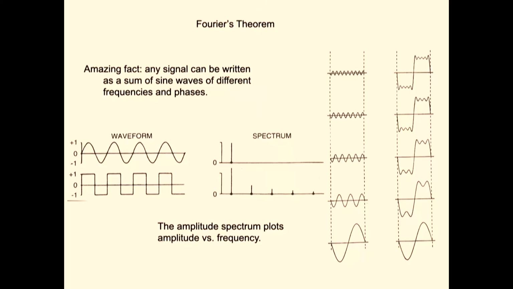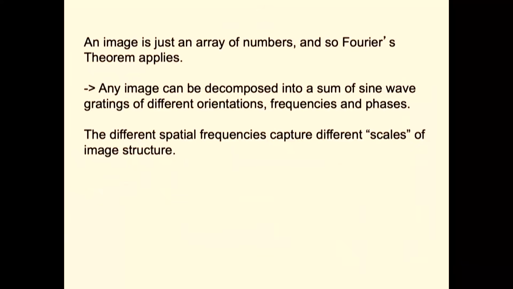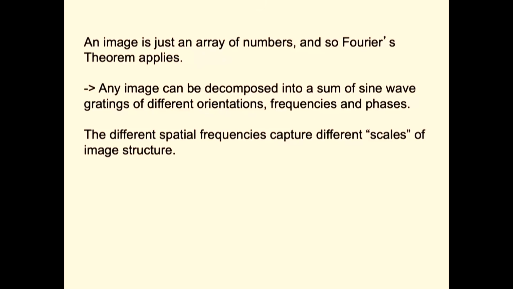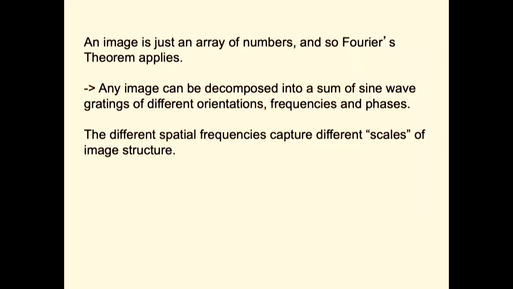An image is just an array of numbers, so it's a signal. Fourier's theorem applies just as it does to sound. So any image can be decomposed into a sum of sine wave gratings of different orientations, frequencies, and phases. And the different spatial frequencies capture what are called different scales of image structure.